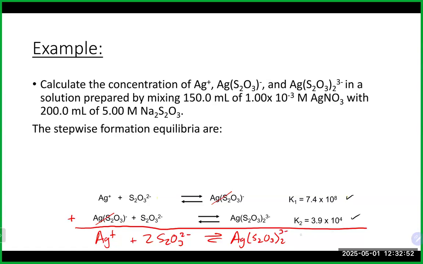In this particular case, the Kf would equal K1 times K2. Again, we don't add the K values when we add equations, we multiply them. So if we did get that value, we'll call it 2.9 times 10 to the 13.